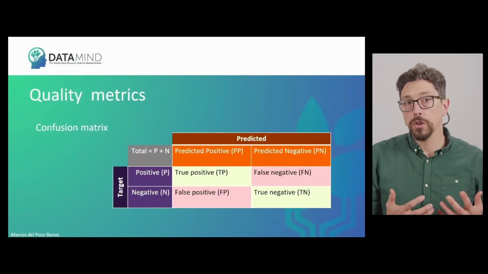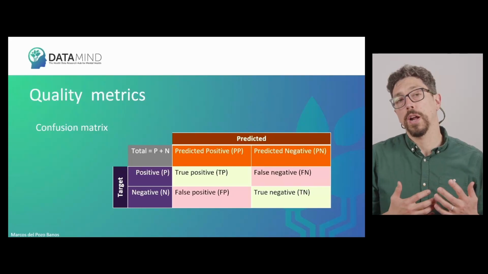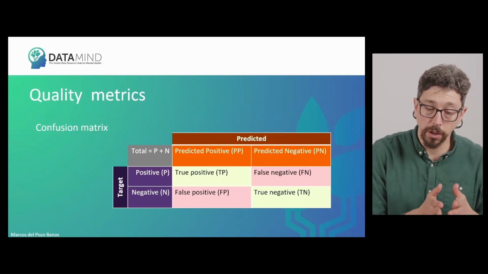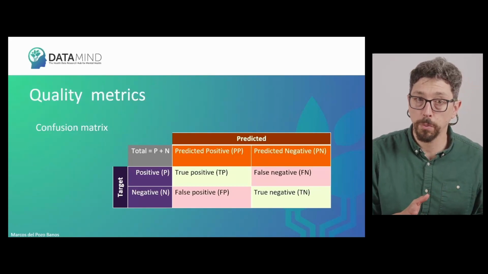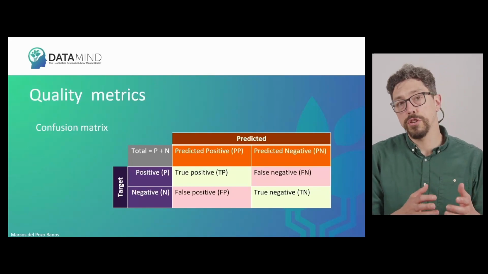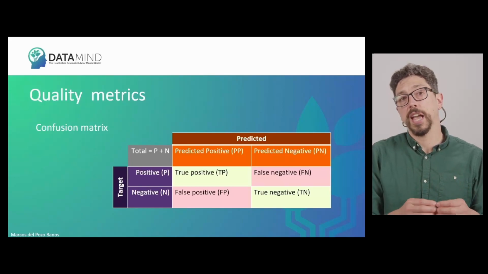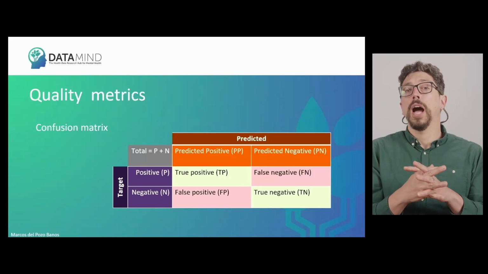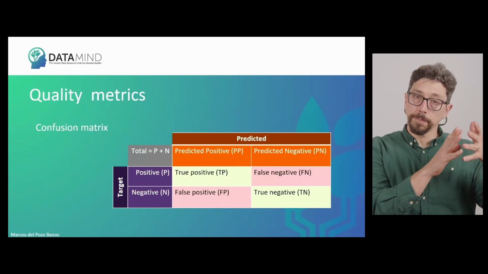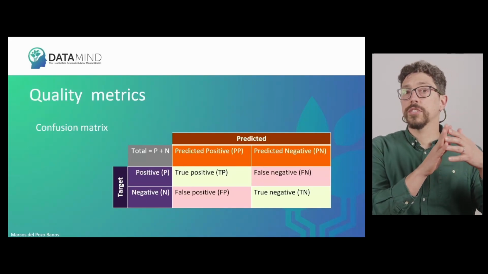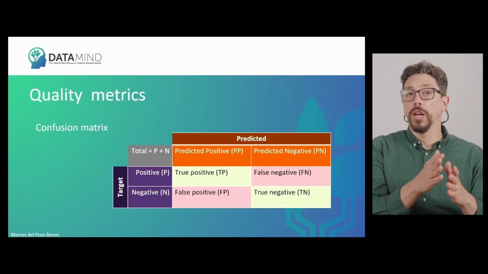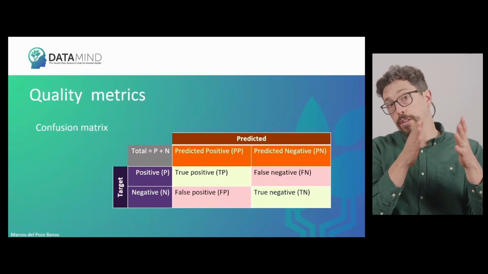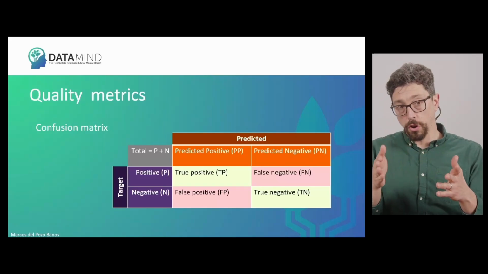And we should now define what are the quality metrics that we can use to assess how well the machine learning algorithm is performing in these types of problems. So we begin with a confusion matrix. This is a 2x2 table, and I have defined the true targets on the different rows and the predicted labels or predicted values on the different columns.